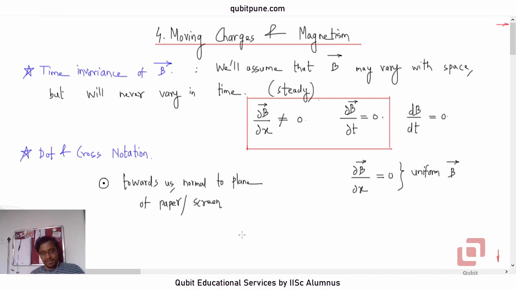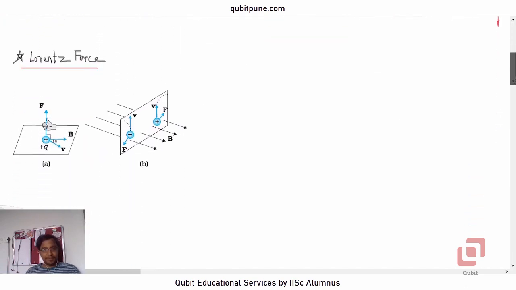In my case it is the screen. If you write it on your paper, then it will be the paper. And what about the cross? It will be away from us. And we have seen that this dot and cross notation not only applies to magnetic fields, but it also applies to the direction of current. So with that we can start revising this chapter.